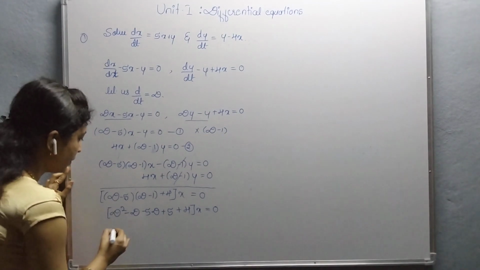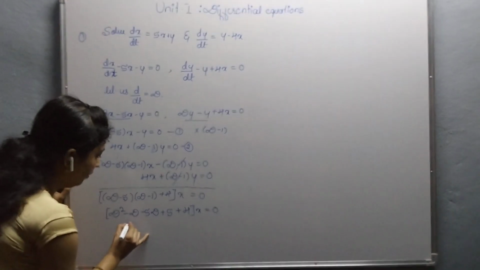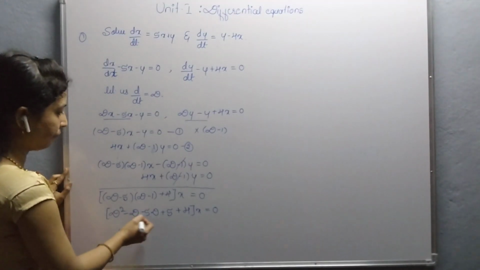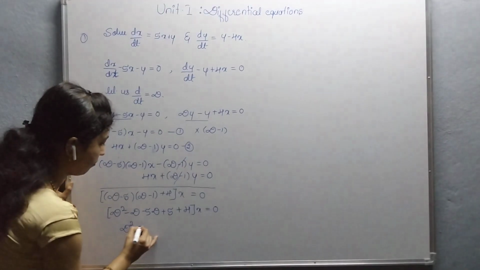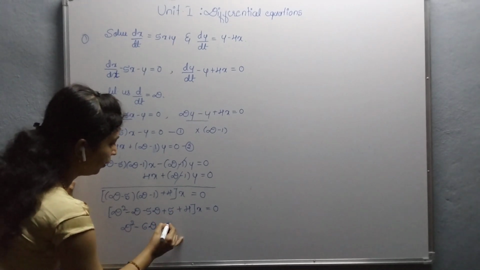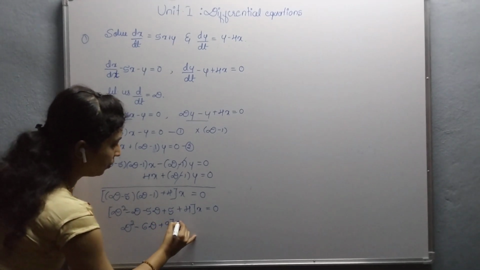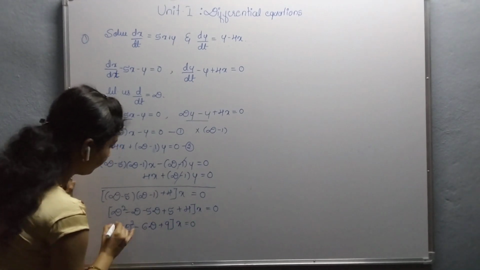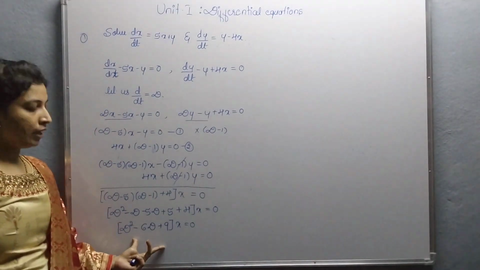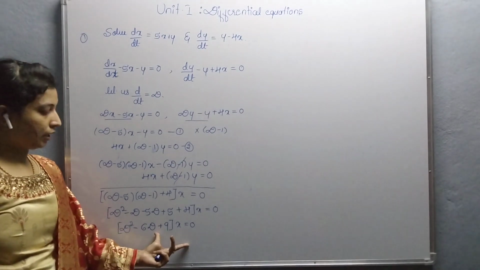So again the equation can be written as (D square minus D minus 5D, it becomes minus 6D, plus 5 plus 4, that is plus 9) into x is equal to 0. So now this is the linear differential equation in x.